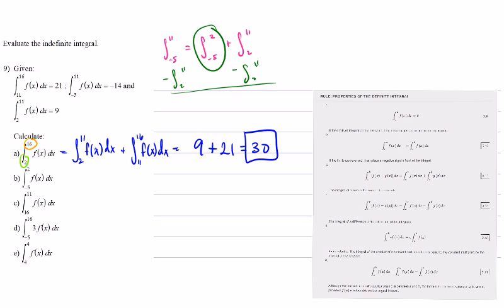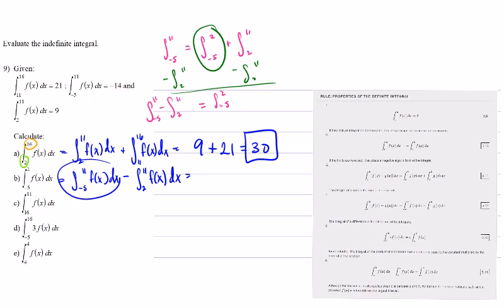What we'll end up with is that the integral from -5 to 2 is equal to the integral from -5 to 11 of f of x dx minus the integral from 2 to 11 of f of x dx.